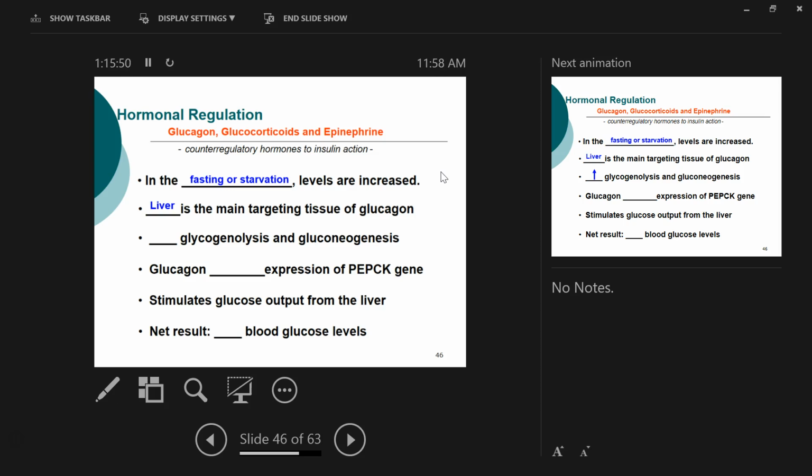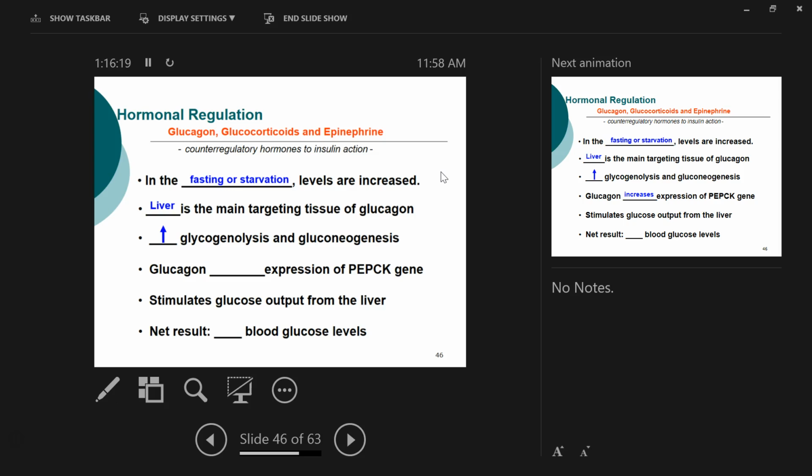And what about glycolysis and gluconeogenesis? Glycogen breakdown pathway and gluconeogenesis during fasting: increase, yes. So it increases the glycogen breakdown pathway to break down glycogen and release glucose, right, to raise the blood glucose level, and also will make more glucose during the fasting.